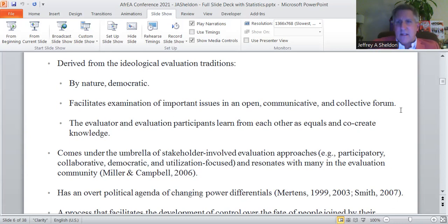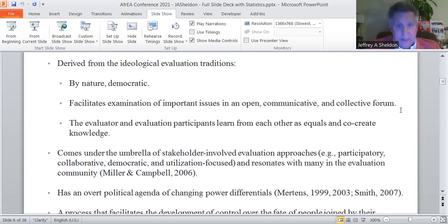It's not to say that you can't assess the value and worth of a program or an intervention or project or what have you, but it's ideological. It's also democratic in nature. So everyone who participates in an empowerment evaluation has an equal say in the way that the evaluation is carried out.